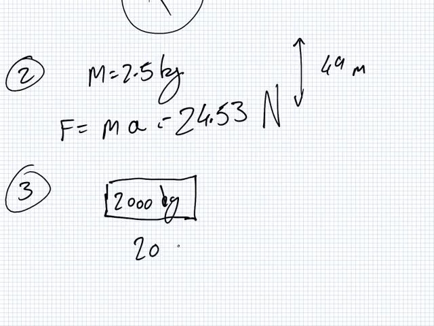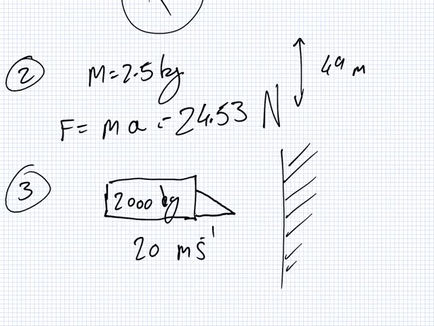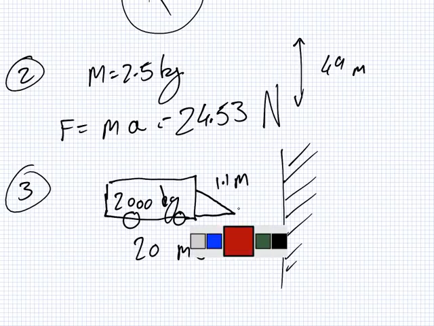The front of the car, which is 1.1 meters long, begins to crumble, and then finally the car is brought to rest. How much force is the wall applying to the car while it's decelerating?